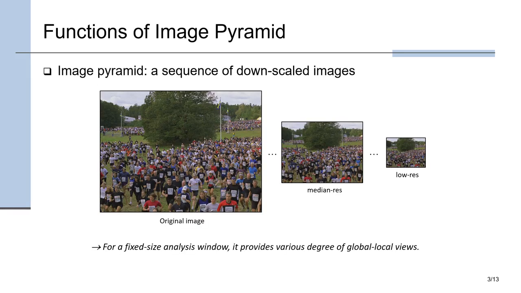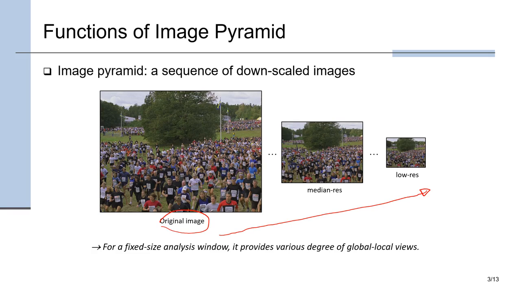An image pyramid is a sequence of downscaled images. You begin with a high-resolution original image, and then you keep scaling down this image to create a sequence of lower-resolution images.